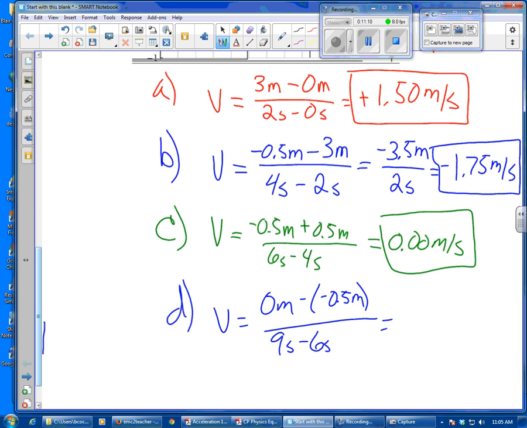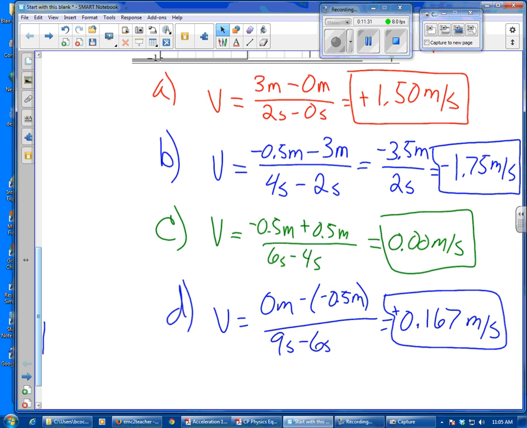And that equals 0.167 meters per second. Positive. Yes, it is. Yes, I figure you're getting better at those, so I would need to write them less.